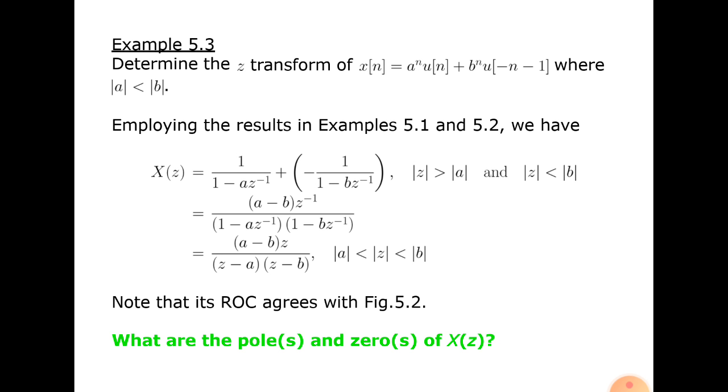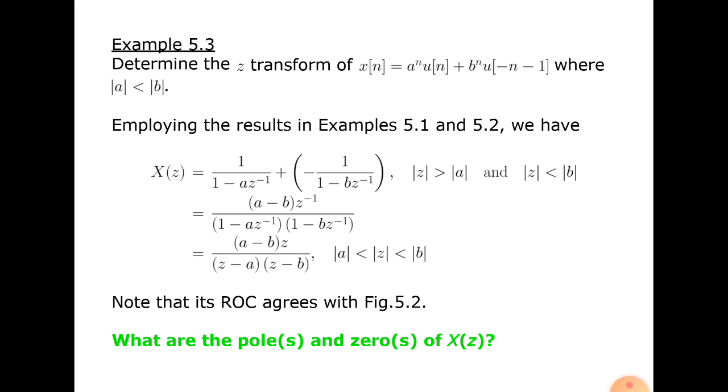From that we can apply the condition to obtain a minus b into z power minus 1 divided by 1 minus a into z power minus 1 into 1 minus b into z power minus 1.